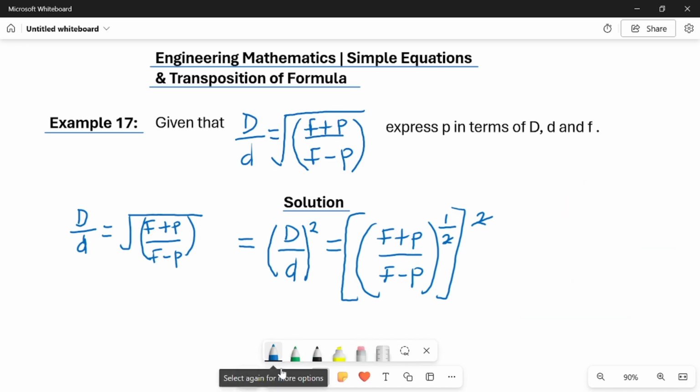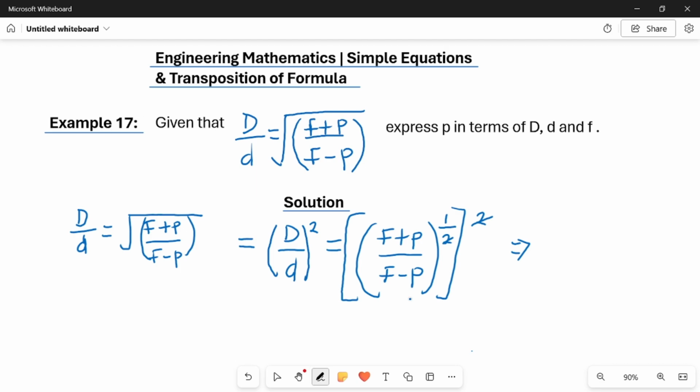Alright, so when we cancel out, the D over d here will now carry their individual power. So it will now be D squared over d squared.